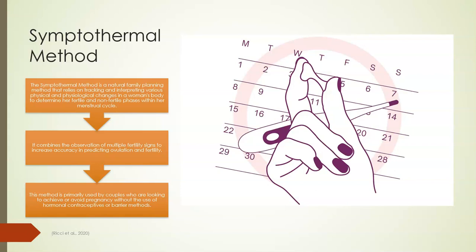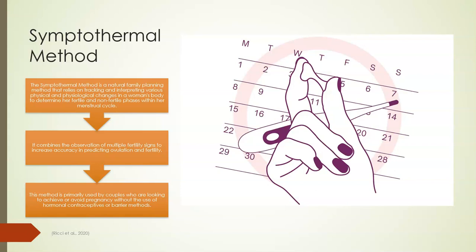She'll be able to tell as the cervical mucus changes. And again, what will it look like when a woman is ovulating? It will be clearer, stretchy, slipperier. It will resemble the raw egg white.